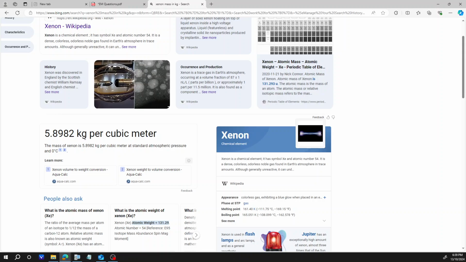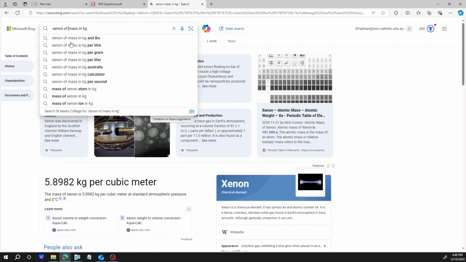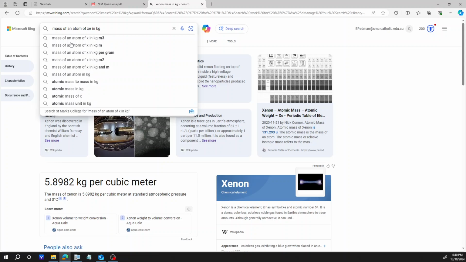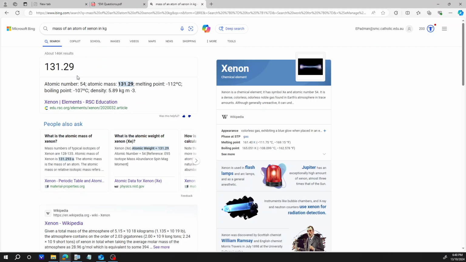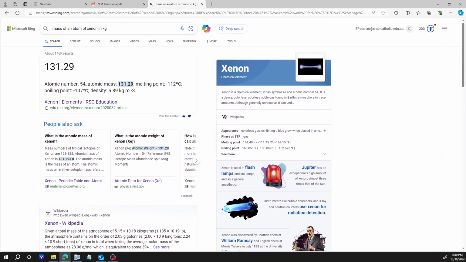Not the density, mass of xenon. Yeah, look, I'm pretty certain it's minus 25.